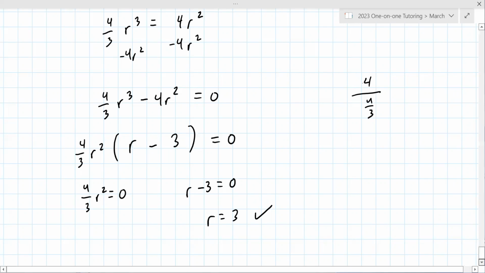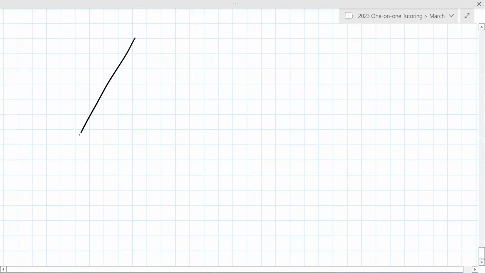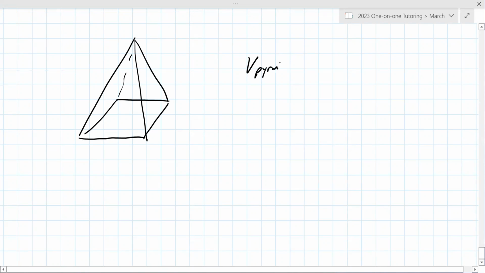Okay. All right. So let's do a pyramid here. Let's say it's a square pyramid. Let's say the volume of the pyramid is 1,000 pi inches cubed. Something ridiculous like that.